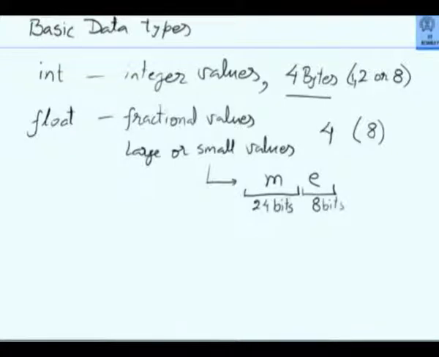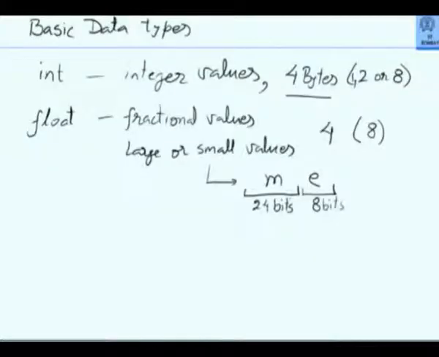The point is that the internal representation of floating point is completely different from integer, and that is why integer numbers and floating point numbers cannot be mixed or added as we would add ordinary numbers.